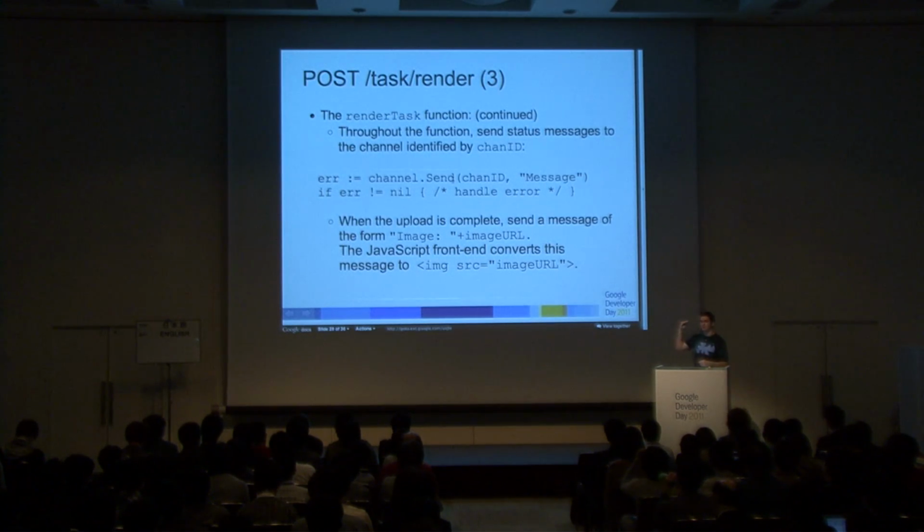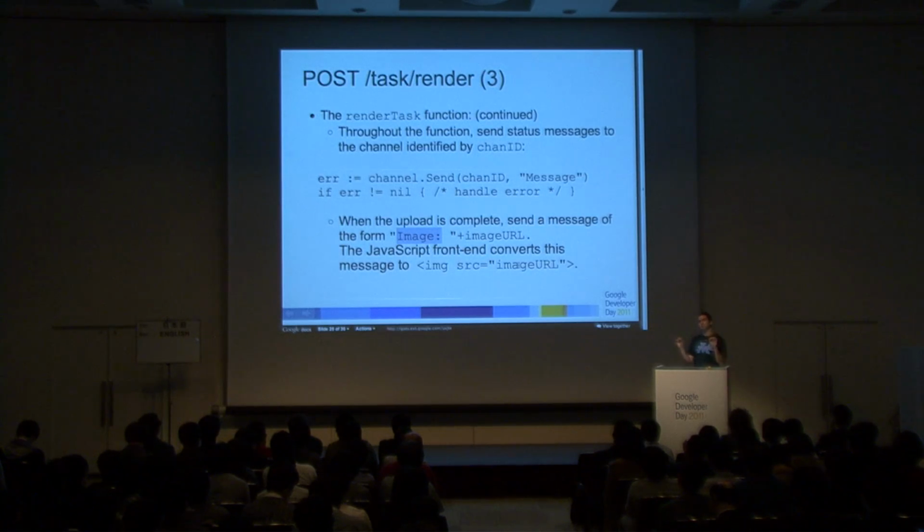So the front end can see rendering, render complete, etc. And finally, when the image is complete, it sends a message that begins with image: and the JavaScript front end knows to expect a message of that kind and converts it to an image tag, including the image URL instead. So instead of seeing the textual URL, the user will see the image itself.